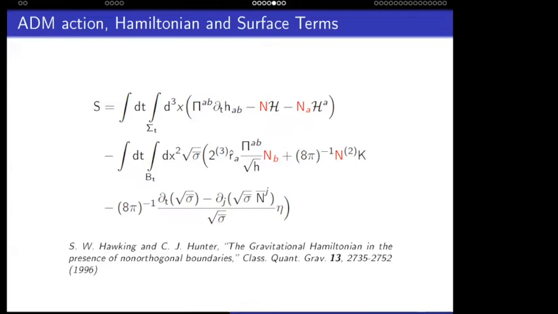Let me tell you one more thing. I don't want to fix this, because I am using boundary conditions which are physical, where you fix the 3-metric. If you use a different boundary condition, maybe you will get something different. But I'm using this particular boundary condition, the physical one, in the sense that the only thing we can fix is the 3-metric.